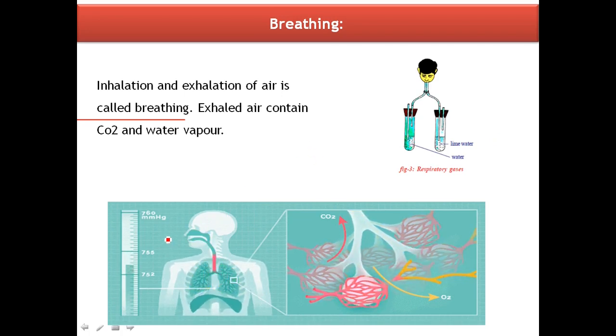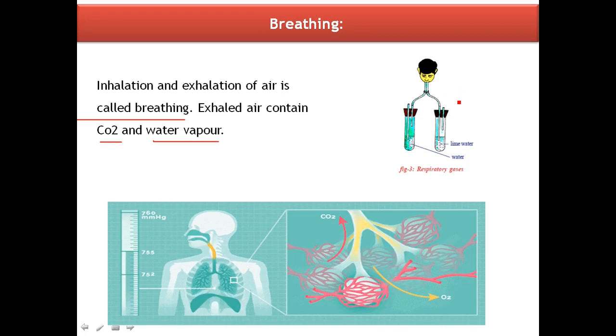What does the exhaled air contain? Exhaled air, in addition to the other gases, contains comparatively more carbon dioxide and water vapor. How can we prove carbon dioxide and water vapor are released?